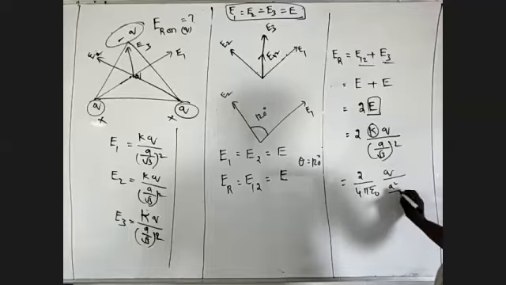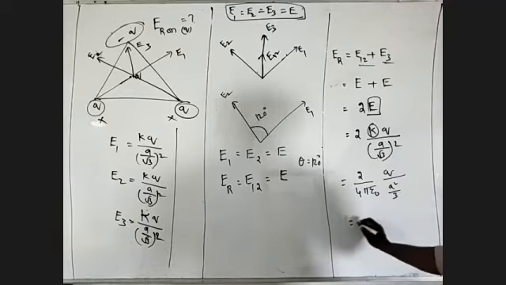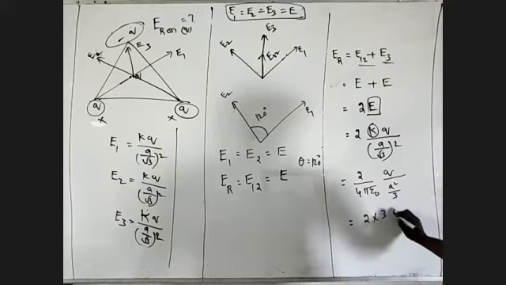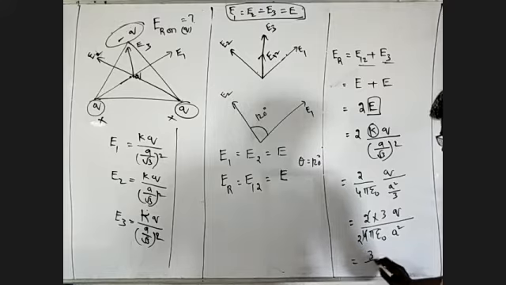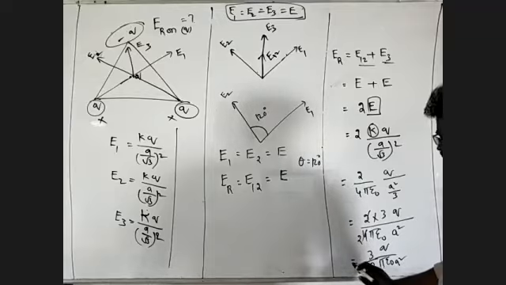This is 1 by 3. Now you will see 2 into 3 into Q by 4 pi epsilon naught and A square. The 2 and 4 cancel. Now your answer is 3 by 2 pi epsilon naught Q by A square. This is your resultant electric field.